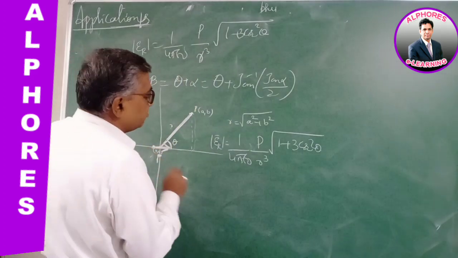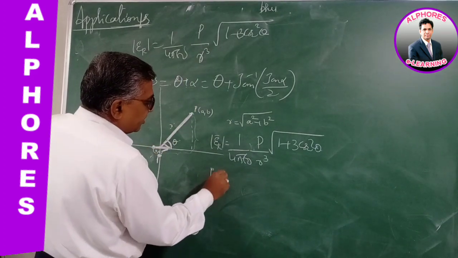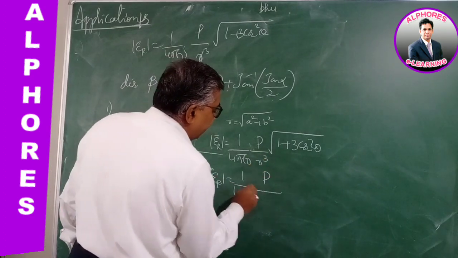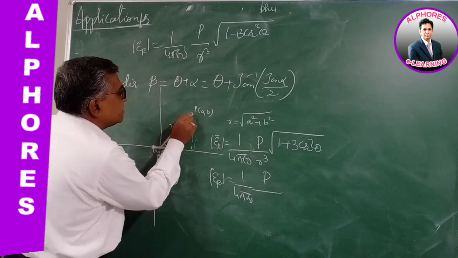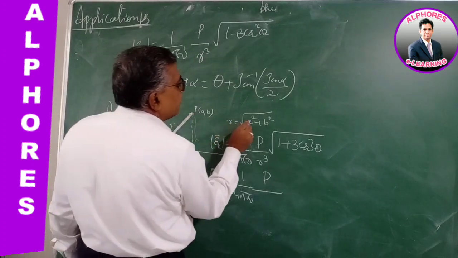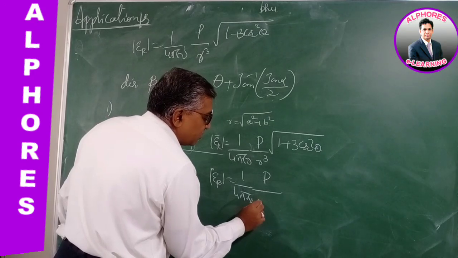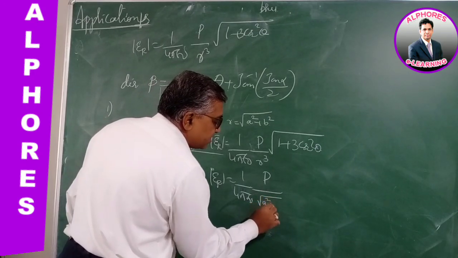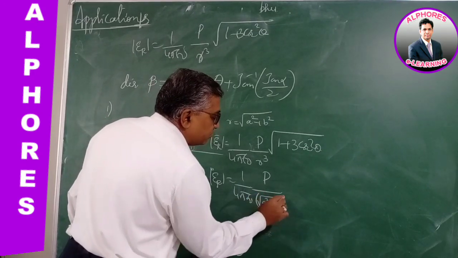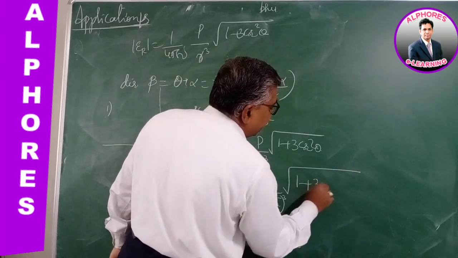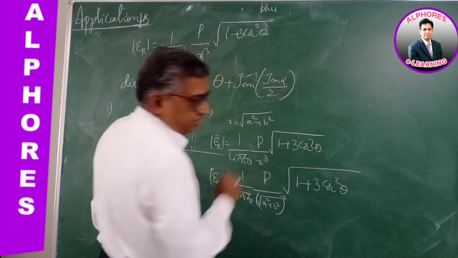Now substituting, R is root of A square plus B square, so R cube is root of A square plus B square whole cube, under root of 1 plus 3 cos square theta.